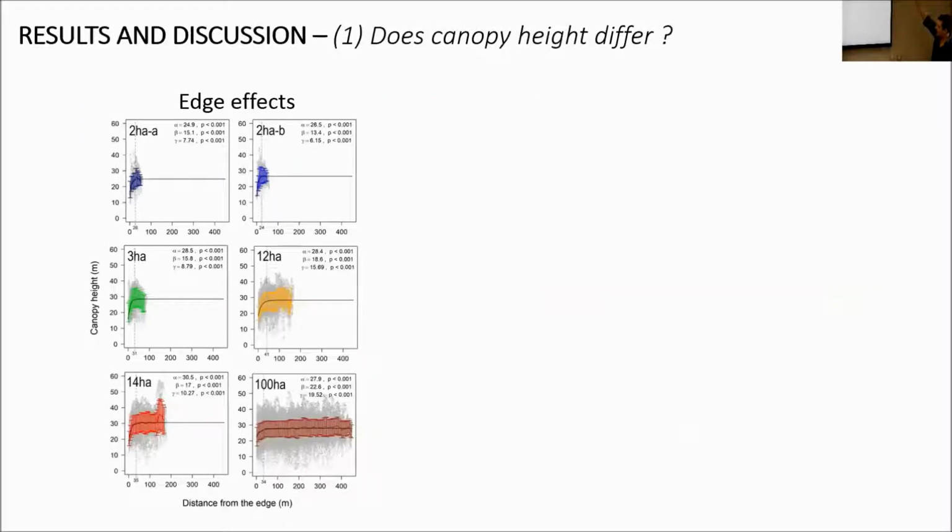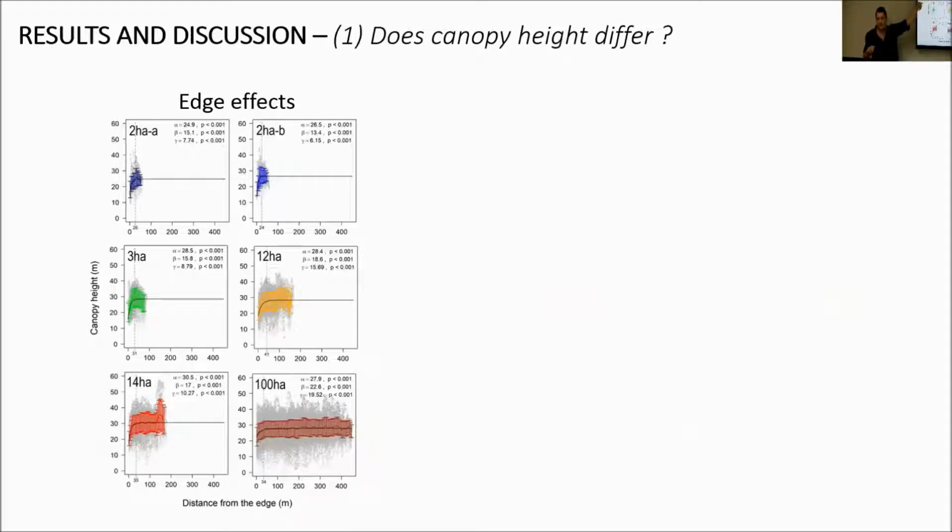And I create a model with 3 parameters. Okay, it's difficult to see here, but basically we have the alpha. Alpha is the limit of height, the asymptote. Alpha indicates the height of the interior of the forest, and beta is the intercept of the equation.